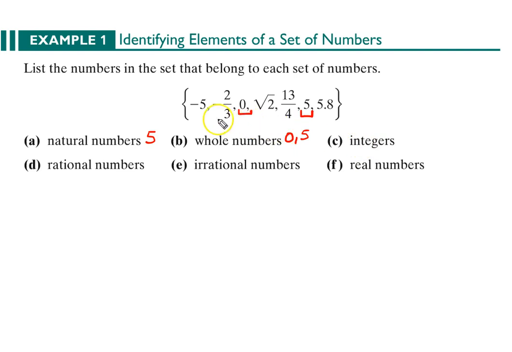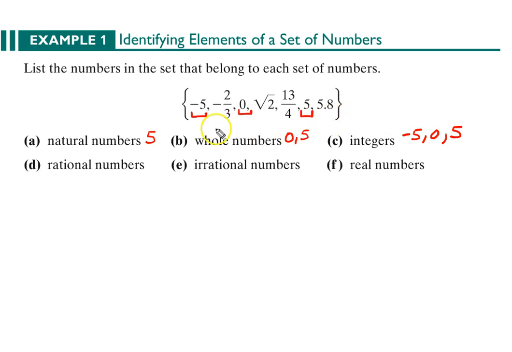Integers, well, this is an integer. And let's write that, negative 5, 0, and 5. Now remember, integers include all of these others.